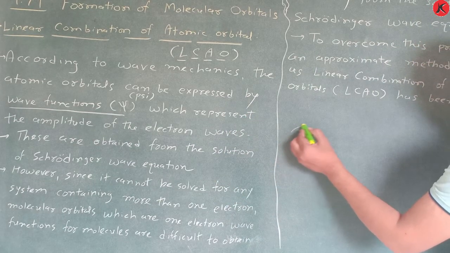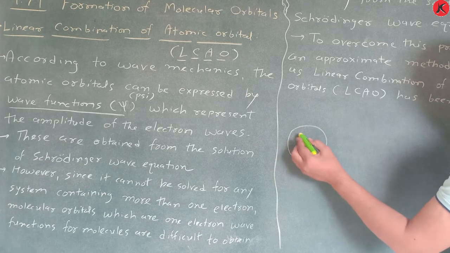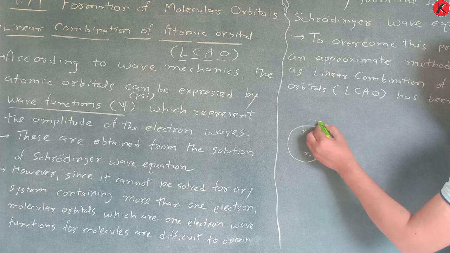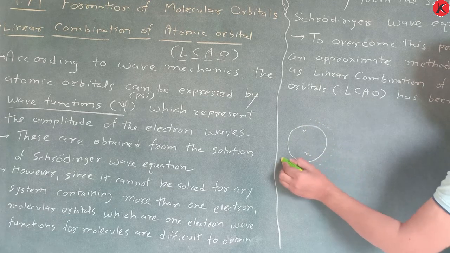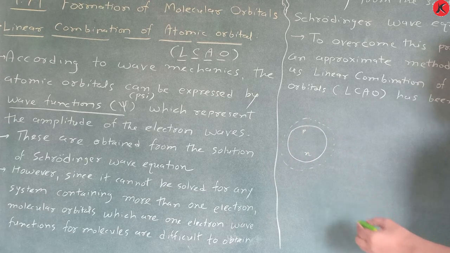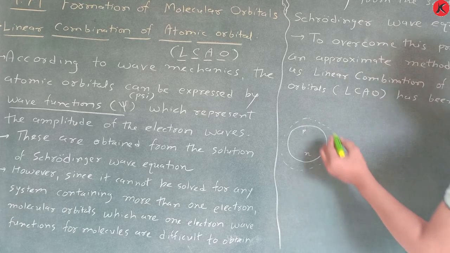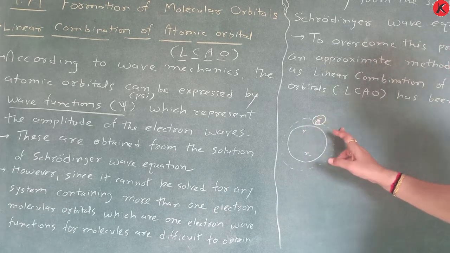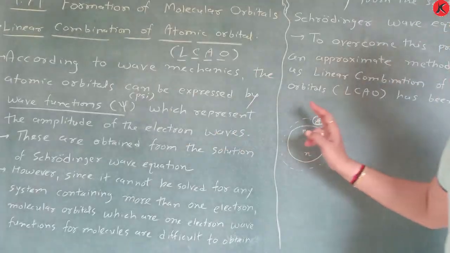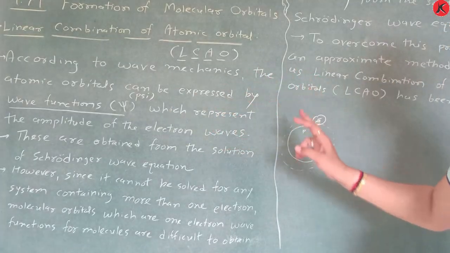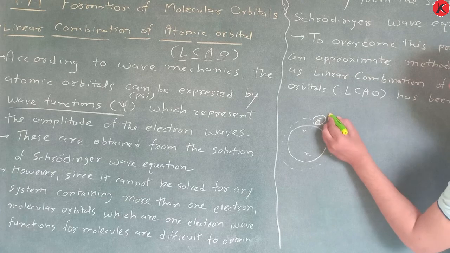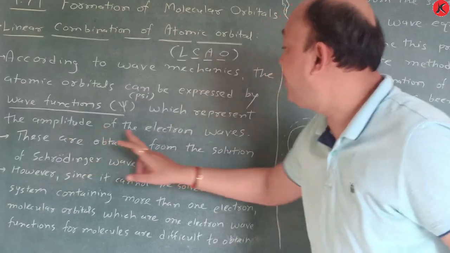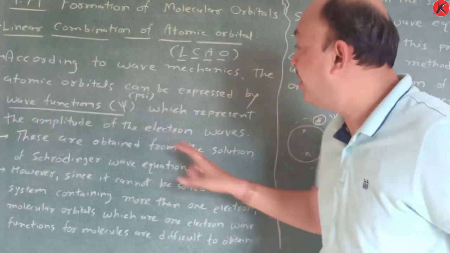Suppose we consider a hydrogen atom, here the proton is there, here the neutron is there, and this electron is moving in a circular path. So according to wave mechanics, the atomic orbitals can be expressed by wave function psi, and this psi represents the amplitude of the electron waves.